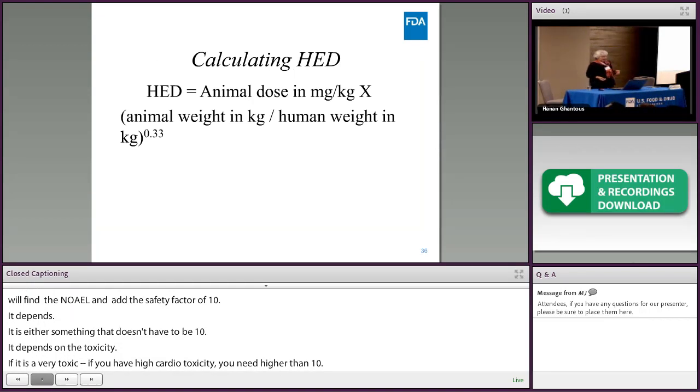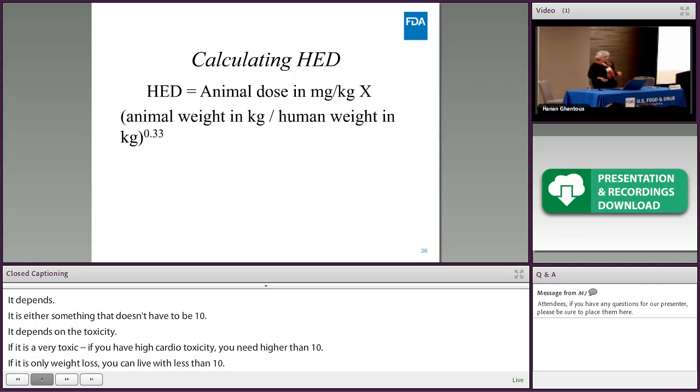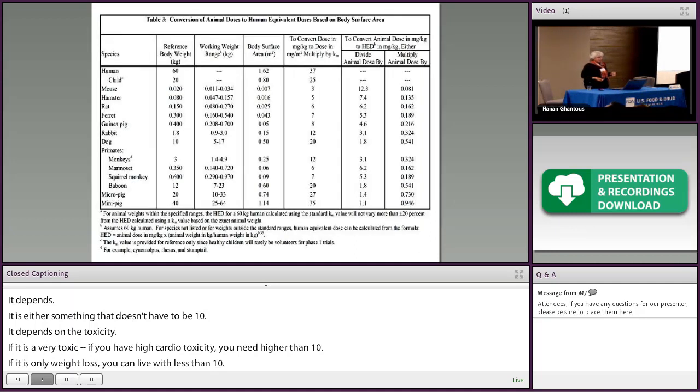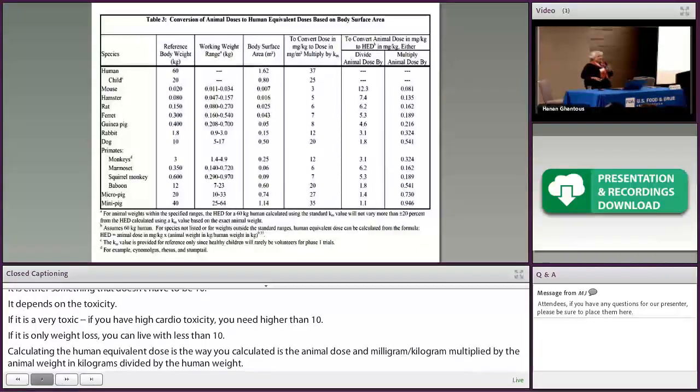Okay, calculating the human equivalent dose: the way you calculate it is animal dose in milligram per kilogram multiplied by animal weight divided by human weight in kilogram to the power 0.33. I don't know if you guys know how to do this, but I don't know how to do this 0.33.